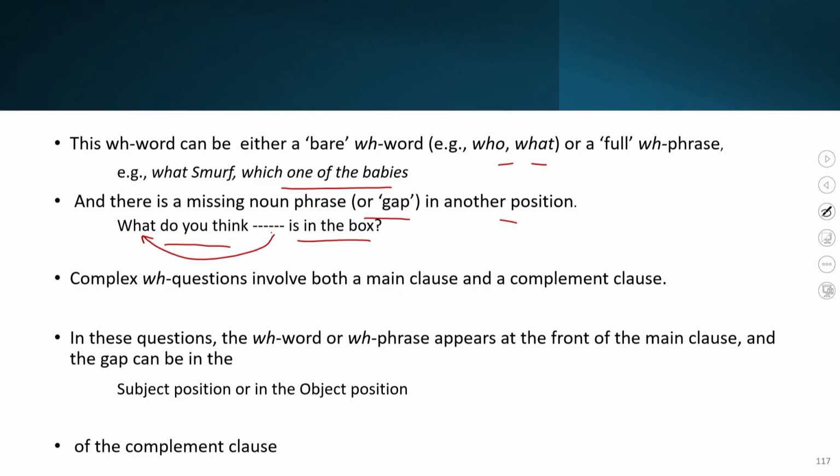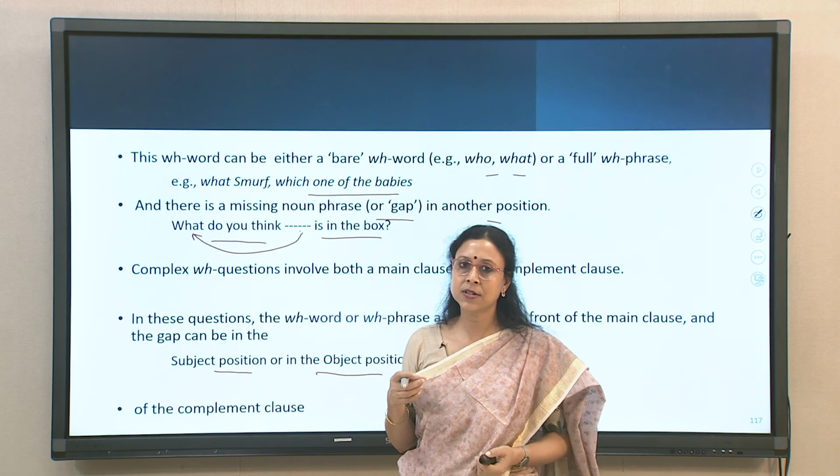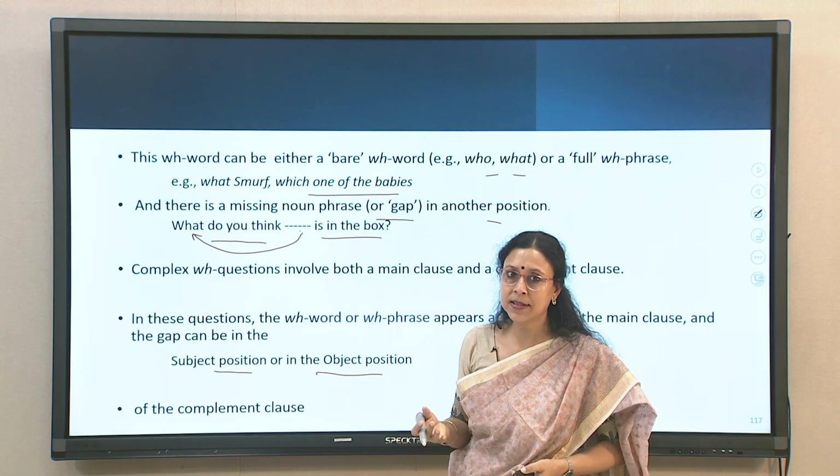Now, complex WH questions involve both a main clause and a complement clause. In these questions the WH word or WH phrase appears at the front of the main clause, and the gap can be either in the subject position or in the object position of the complement clause. So, this becomes a slightly more complicated matter. This takes us to the domain of complex WH questions.